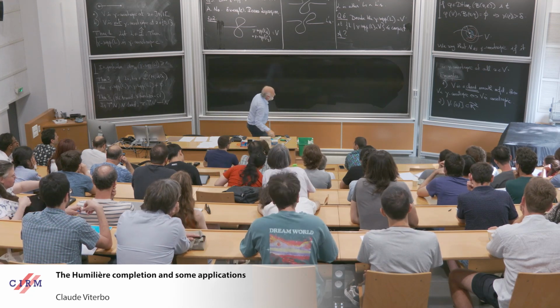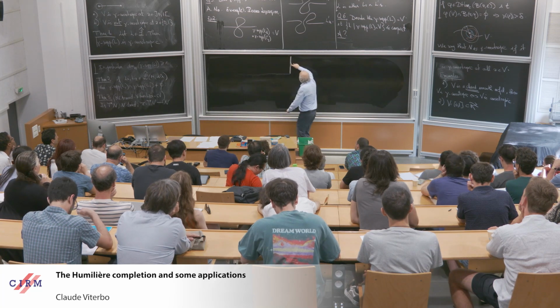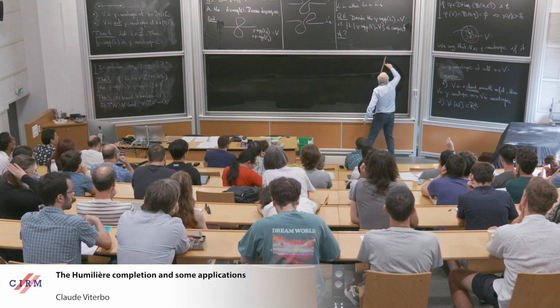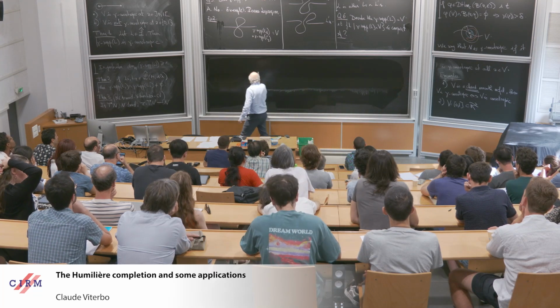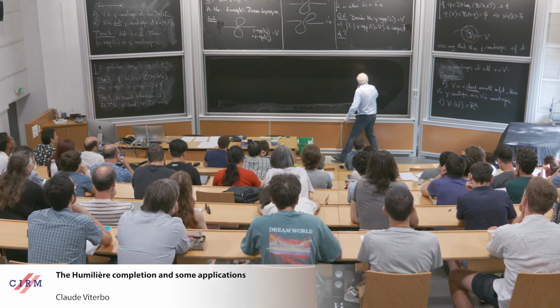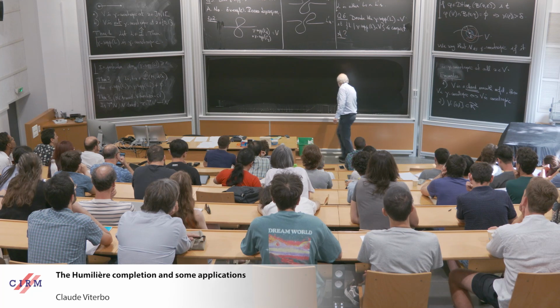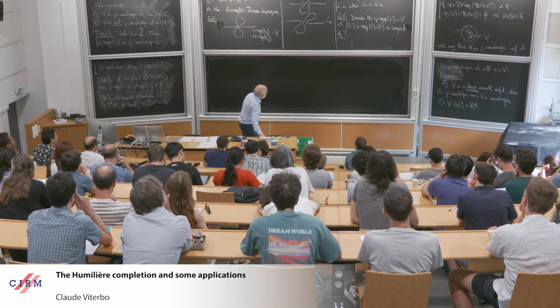So the simplest case, which Egor pointed out, of course, is what happens if the gamma support is a smooth Lagrangian. So that's a theorem.